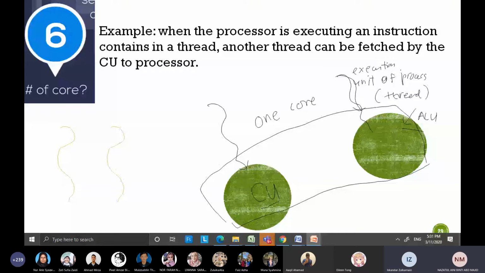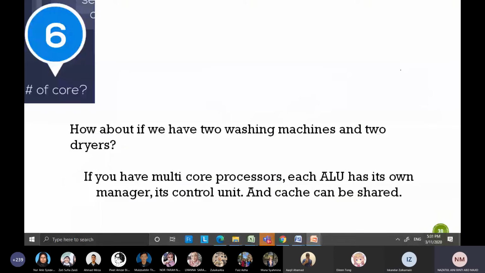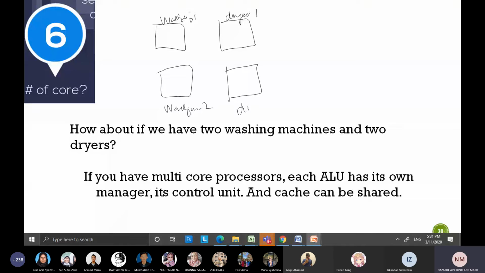How about multi-core? Multi-core is about you not only have one washing machine, but you have two washing machines. You not only have one dryer, but you have two. Dryer number one, and then dryer number two.